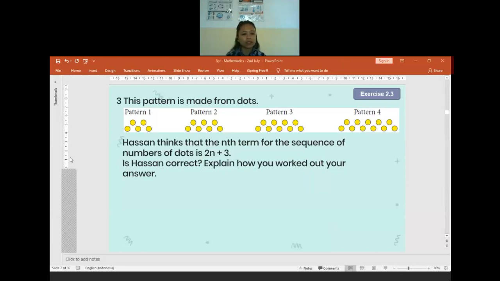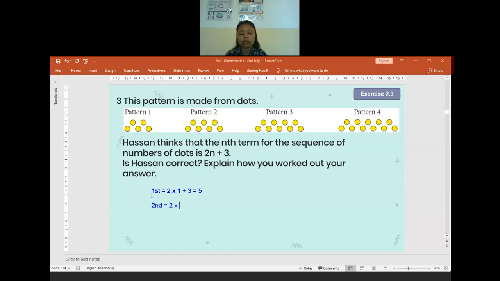So what is the first term if we replace the letter n? It will be 2 times 1 plus 3, which equals 5. Now what about the second term?